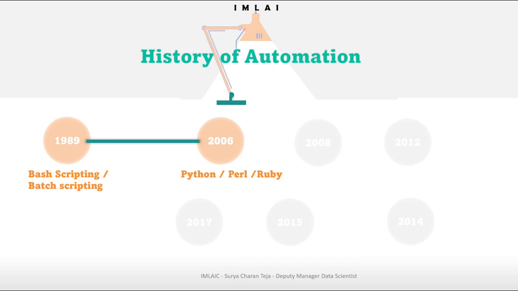So still, though a lot of tools have come into the market, Python, at least at a certain level, is ruling, I can say. Python is a ruler. But among all of these three, Python, Perl, Ruby, Python got more popular.